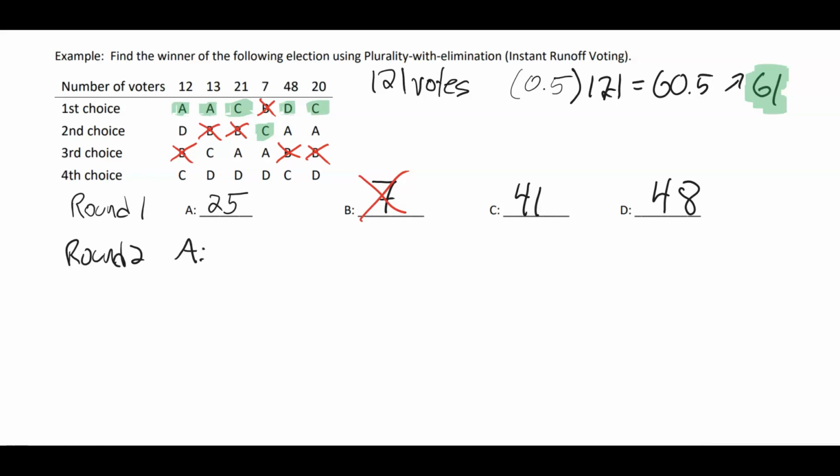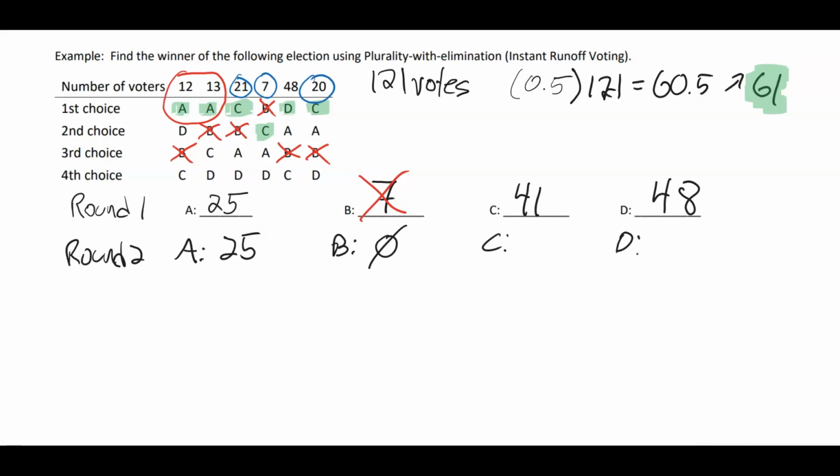All right, so we're on to round 2. You can put A, B, C, and D in there, but we know that B is out. We again count how many A has, still 25. B's out.